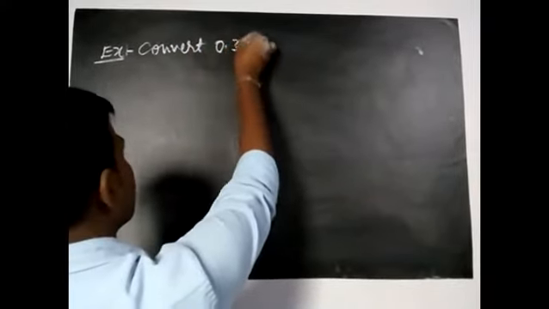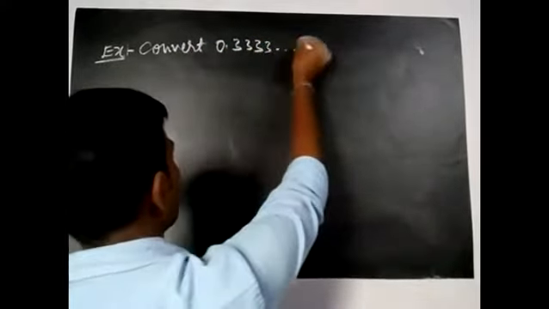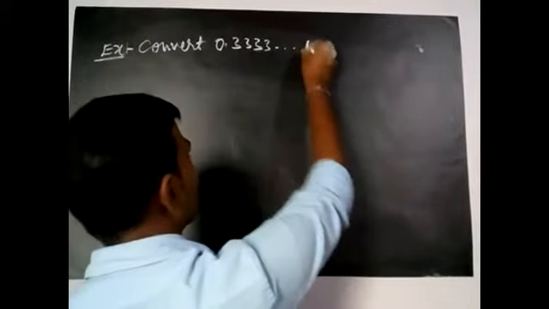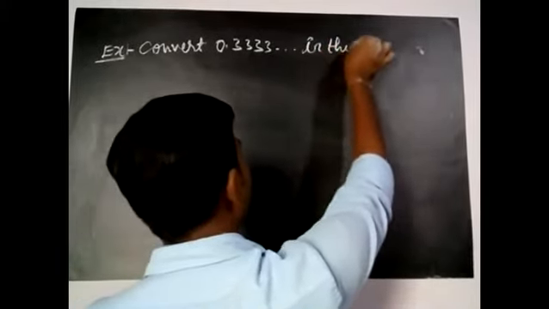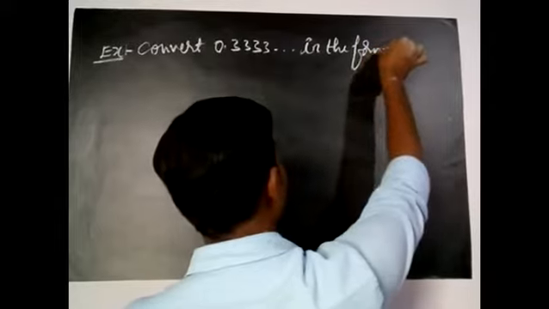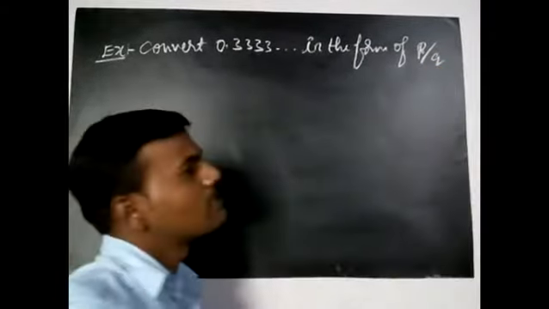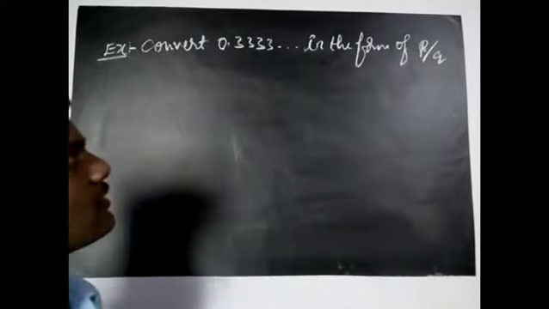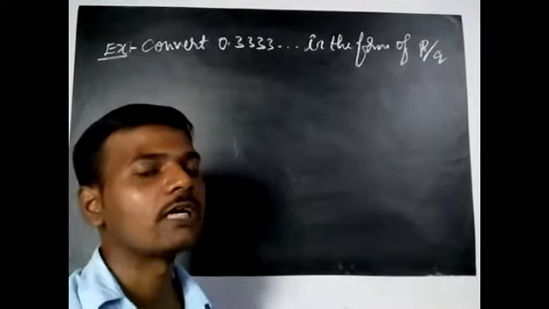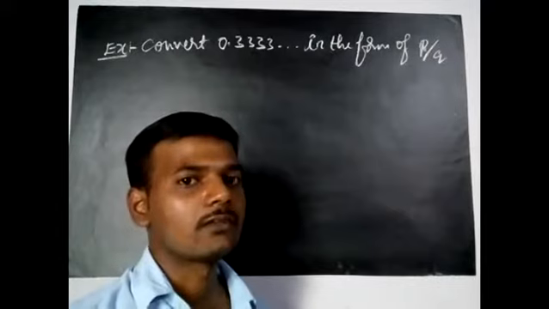Example: convert 0.333 and so on in the form of P by Q. So convert 0.33 in the form of P by Q.